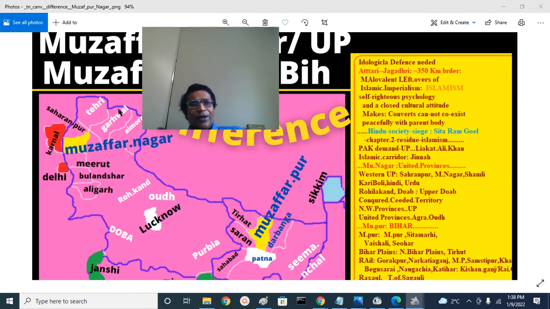We have Saharanpur district here and Muzaffarnagar, Meerut district, Bulandshahr, Aligarh, Khair, Anupshahr, Meerut, Baghpat and Baraut, Muzaffarnagar, Saharanpur, Deoband. Formerly we used to have Haridwar and all those areas, Shamli, Roorkee, and all those regions.